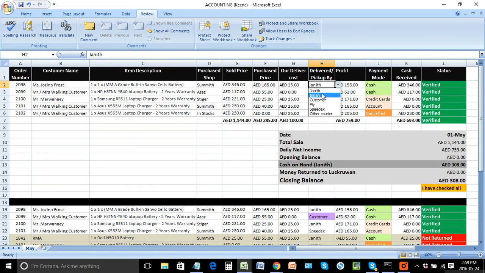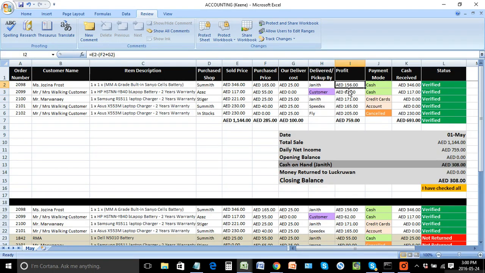If Janit delivered, click Janit. If the customer picks up, customer pick up. If it's been delivered by someone else, like SpeedX or Fly, customer, Imran, all the information is here. If you want to add one more as a drop down, let me know. But these are the only options we have. Janit or Imran delivers, customer picks up, or either Fly Courier or SpeedX or another courier. Okay, so everything is there.